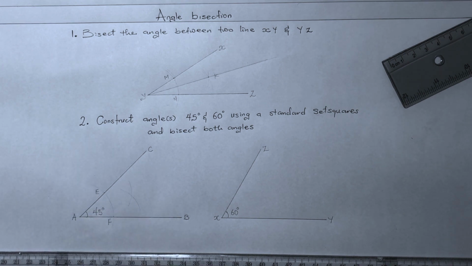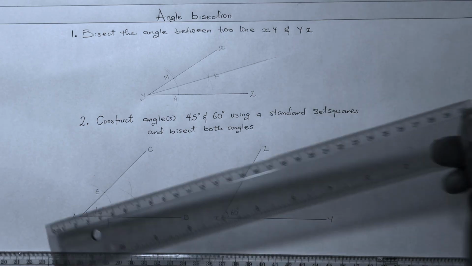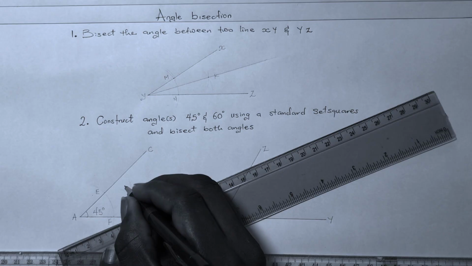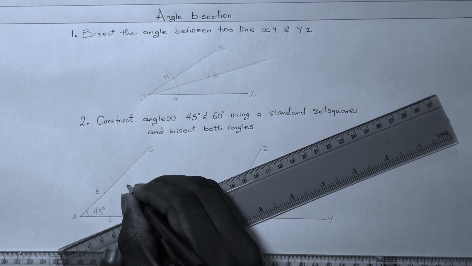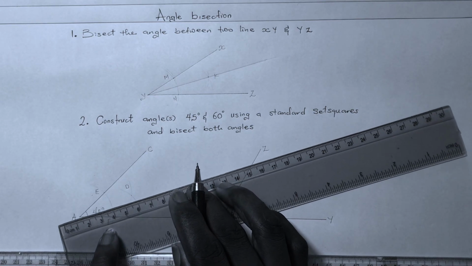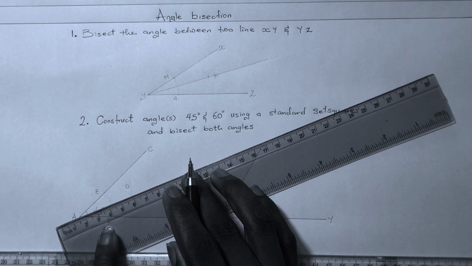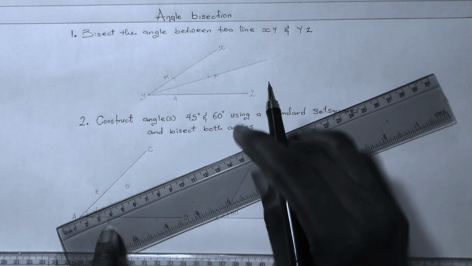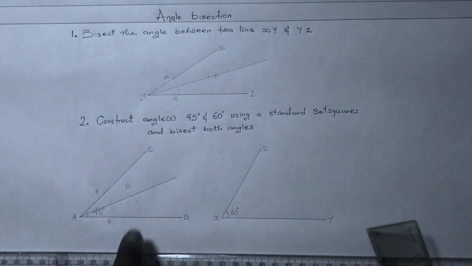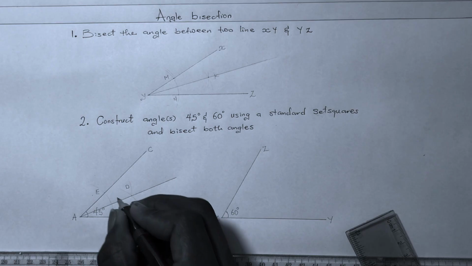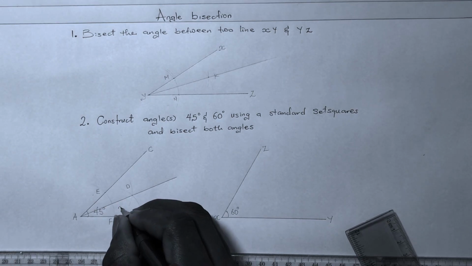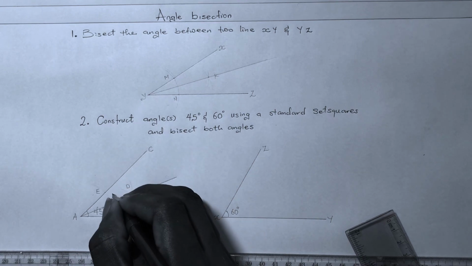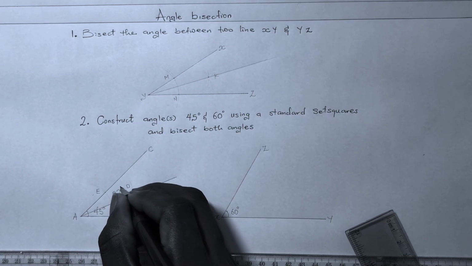From the two points, you then join your point A to the new point known as point D. So with this, we have the bisection of our 45 degrees. Dividing 45 by 2, we have angles of 22 and a half degrees on both sides.